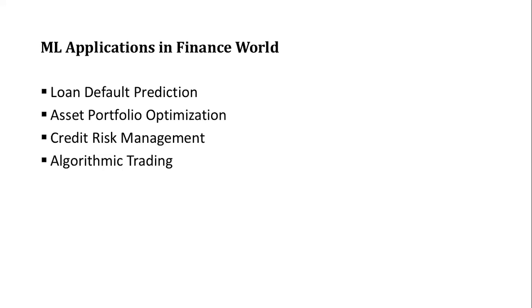Based on that information, we can train a model to see whether a particular customer is going to default the payment, default the loan, and then categorize non-performing customers, NPAs. So loan default prediction is a major application that uses machine learning algorithms.